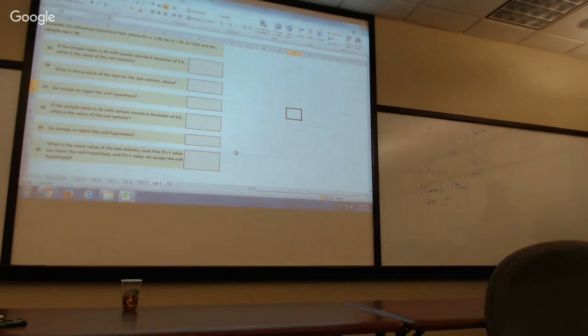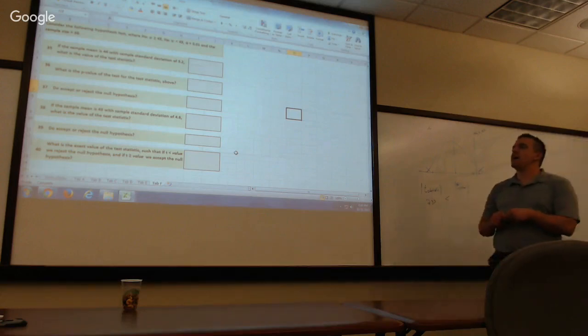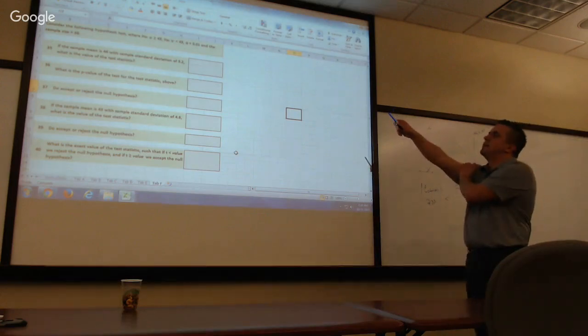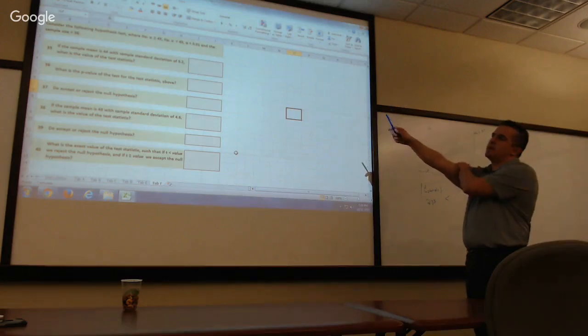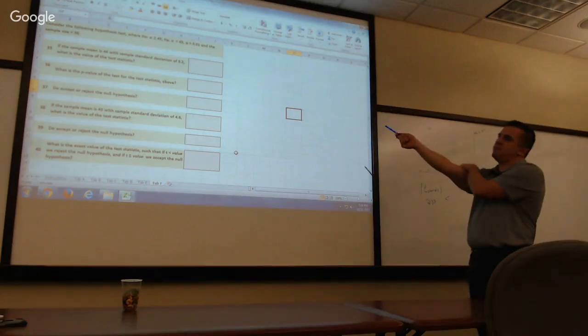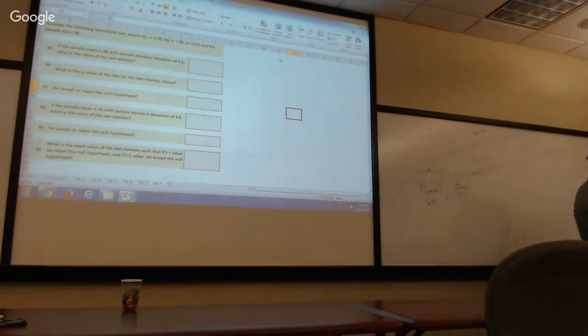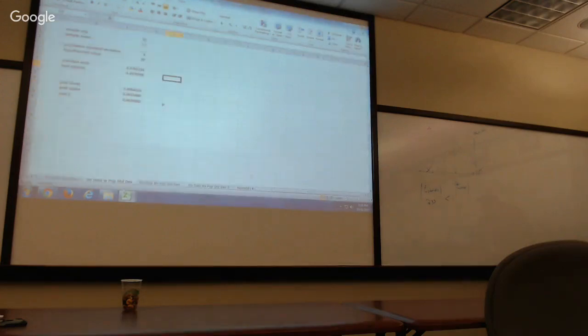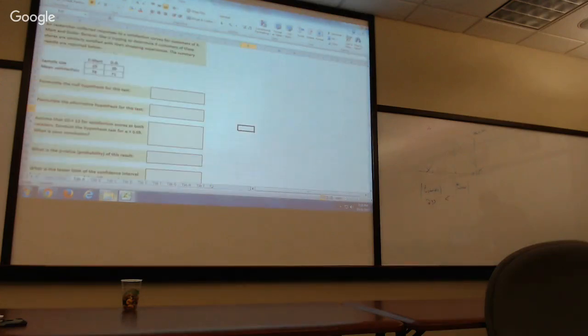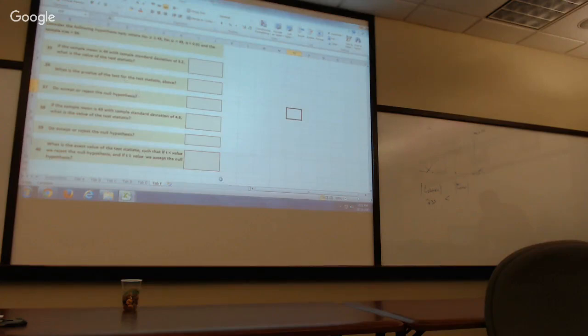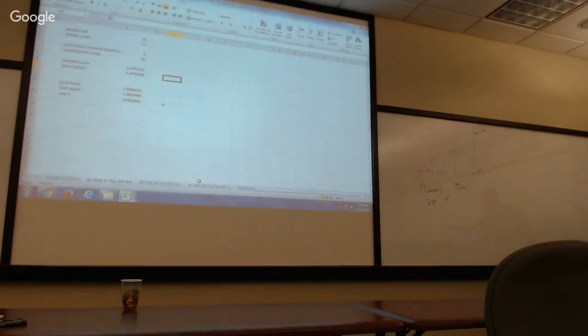Number 36: what is the p-value of the test for the test statistic above? That's just going to be the p-value for your test. What we're looking at here is a lower tail test, and you have to use the template, and your p-value would be the lower tail p-value. Remember, this one does not give you the population standard deviation, so you have to use the sample standard deviation.